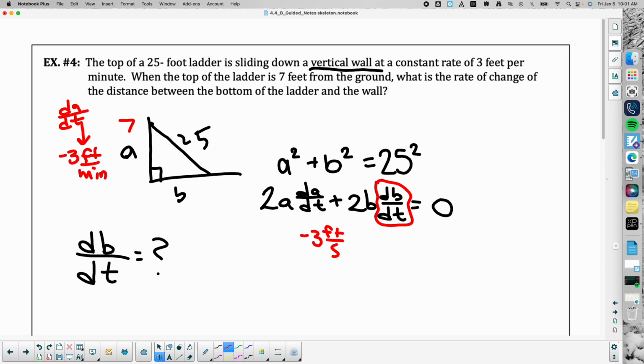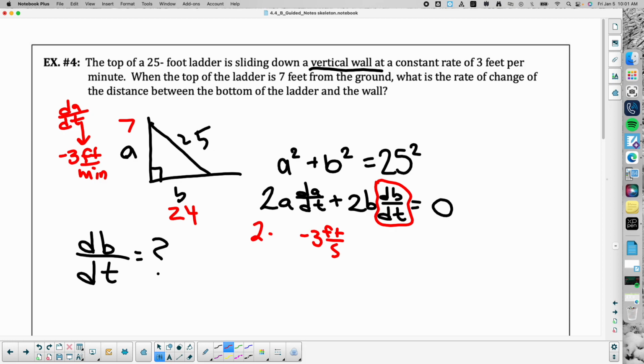Sometimes you're going to have to do some extra work to find other numbers you need to know. I think it's 24, right? Isn't that one of the Pythagorean triples? 7, 24, 25? Yeah. If you know the answer because of something like that, you can just write it. Otherwise, you do Pythagorean theorem to figure out 24.